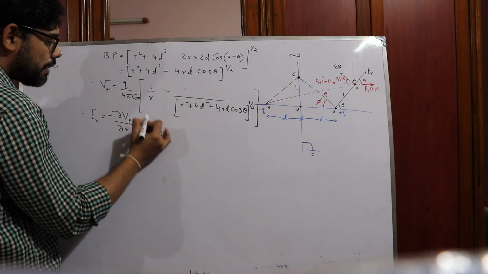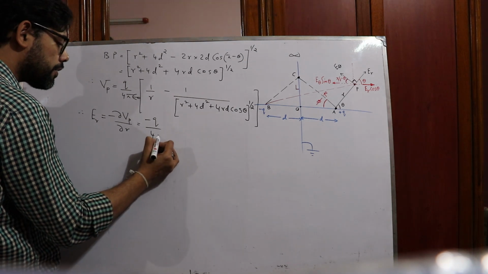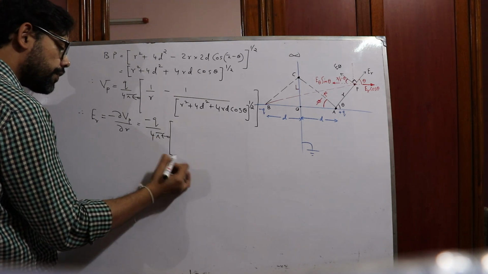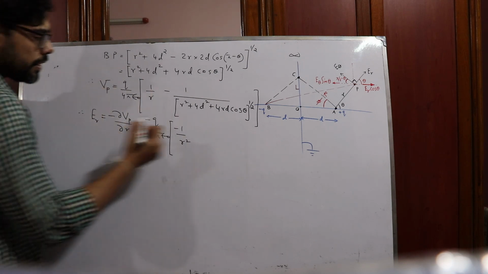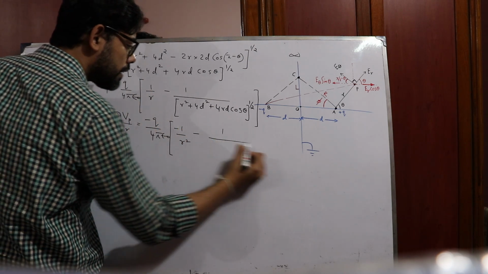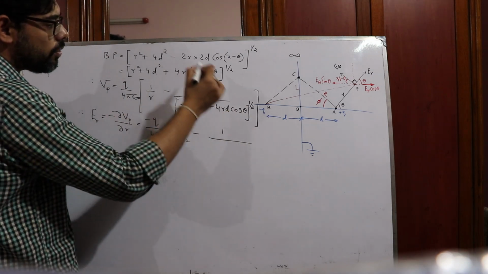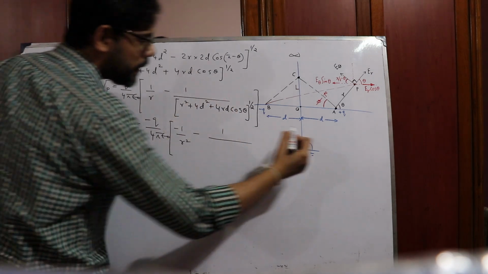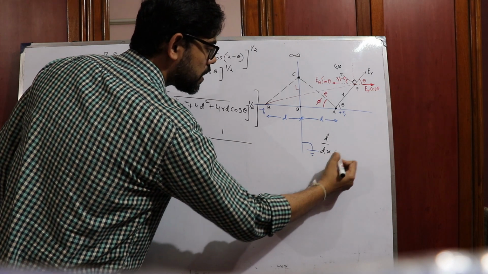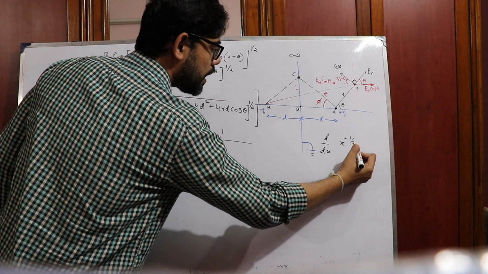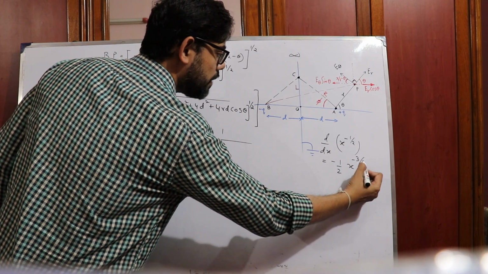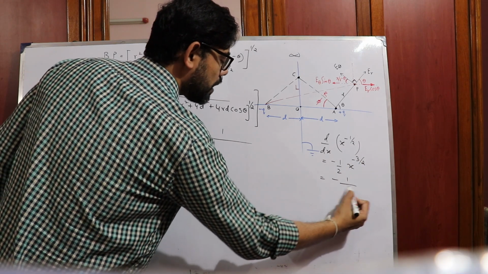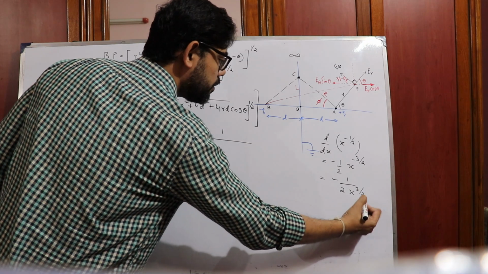So what we can write here is minus q by 4 pi epsilon naught. If you differentiate 1 by r, you get minus 1 by r square. Then minus 1 by x to the power half: d/dx of x to the power minus half will give you minus half x to the power minus 3 by 2. So that is minus 1 by 2 into x to the power 3 by 2, right?